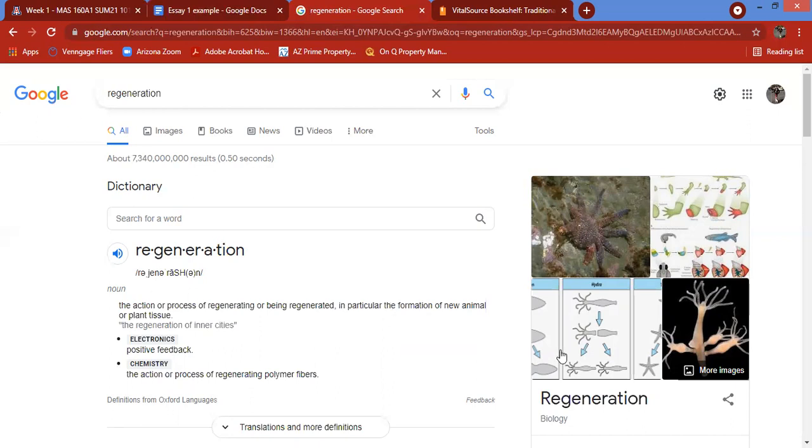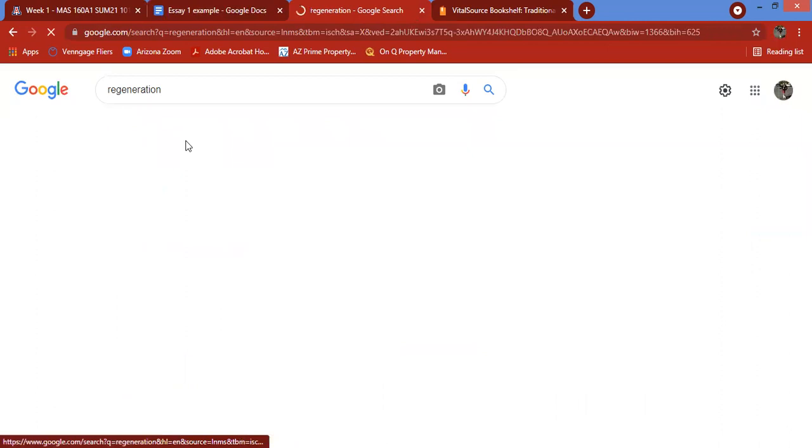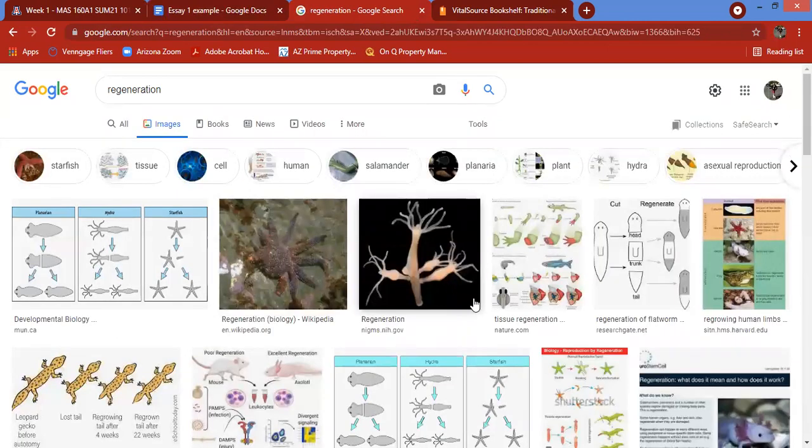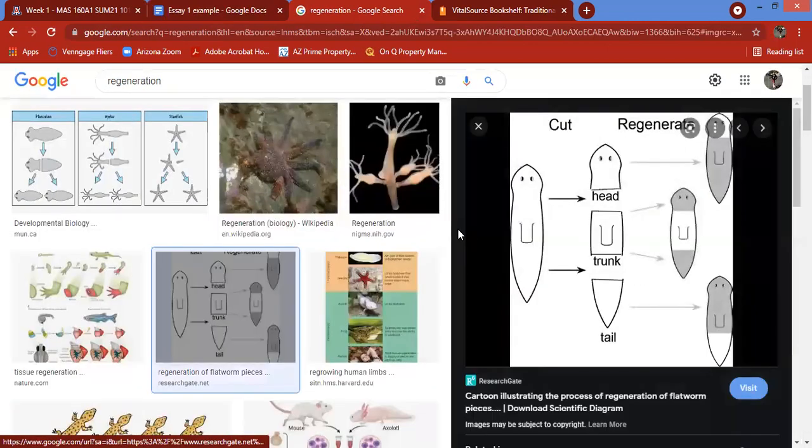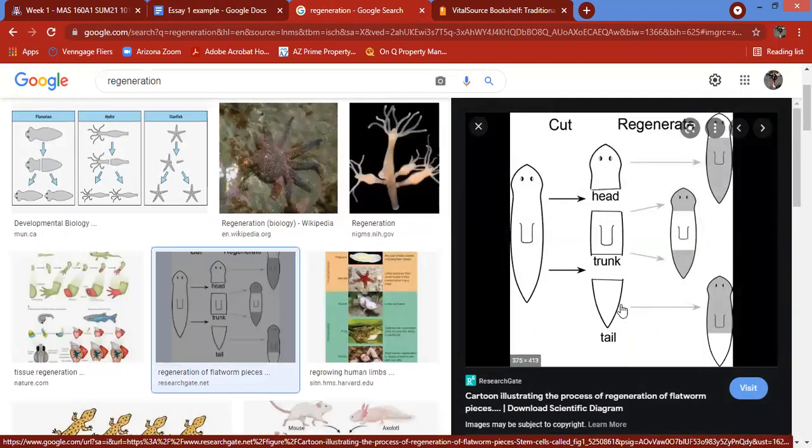Now, regeneration is the action or process of healing and actually regenerating a part of your body. So if something is broken, like here, they have a worm, it cuts. You can cut the head, you can cut the trunk, you can cut the tail. And the regeneration process is actually the worm will actually grow a new trunk and a new tail.